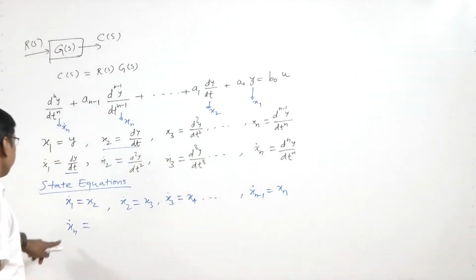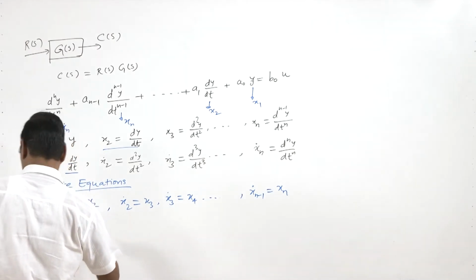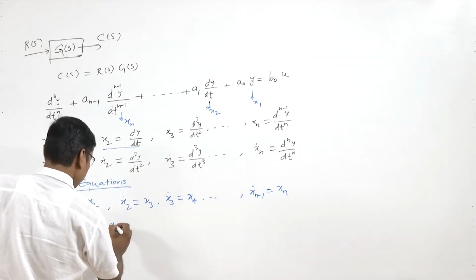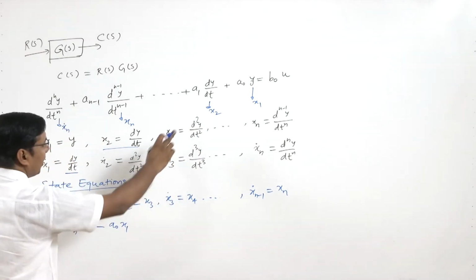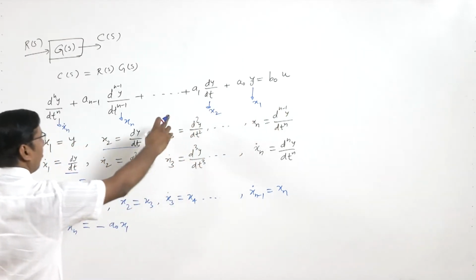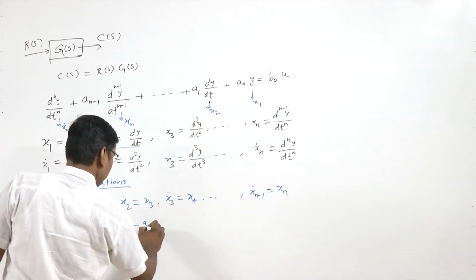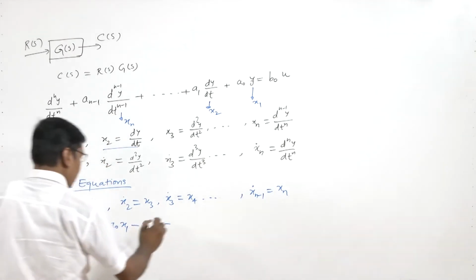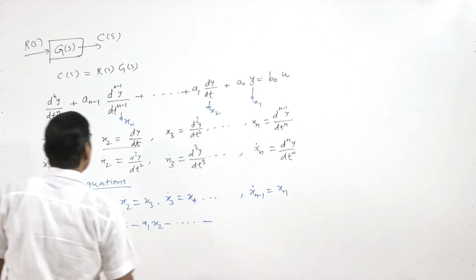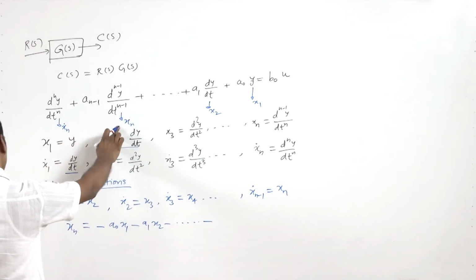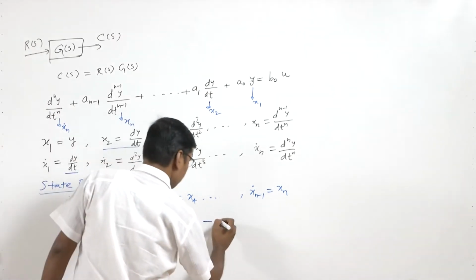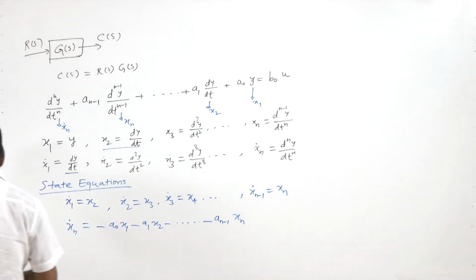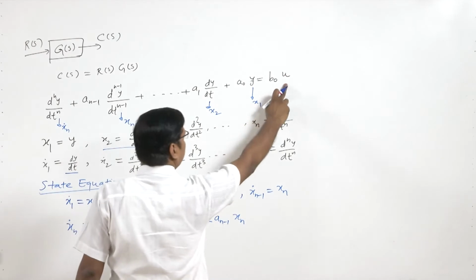So we can write xn dot equal to minus a0 x1 minus a1 x2 minus ... minus a_(n-1) xn plus b0 u.